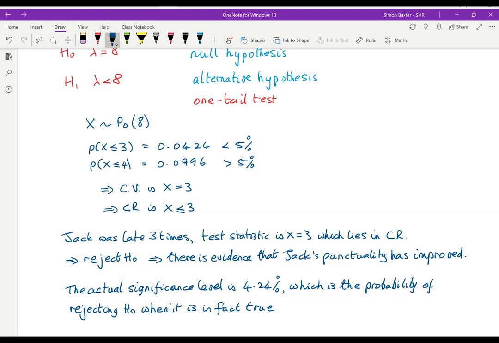Very similar to doing the binomial. The difference, of course, obviously, is in how you do the calculations, what tables you look in, and so on.